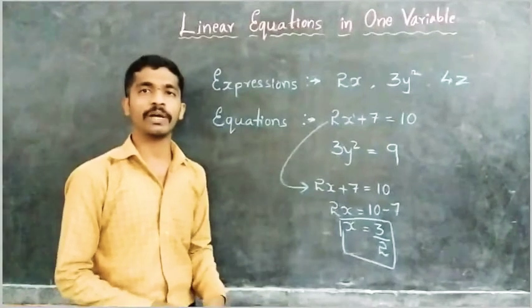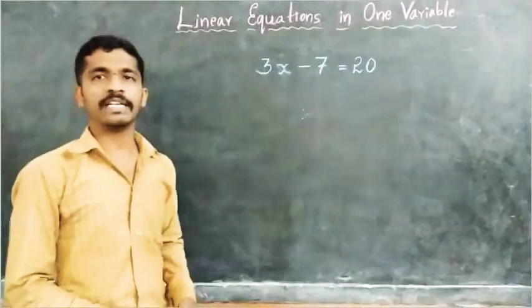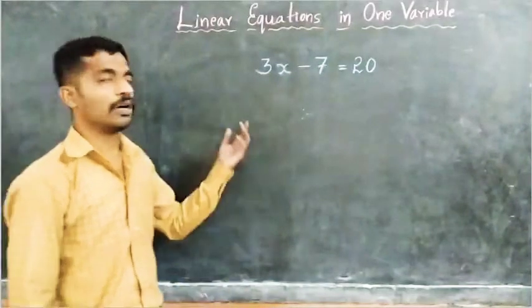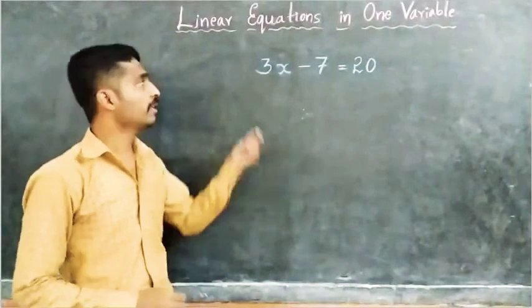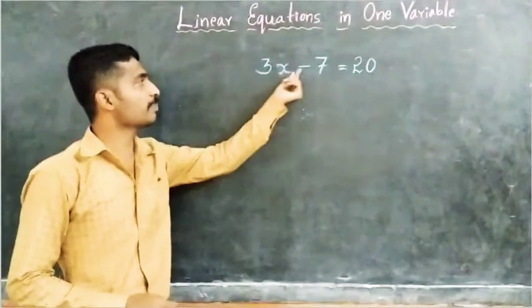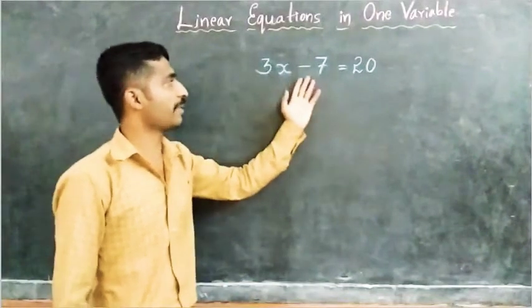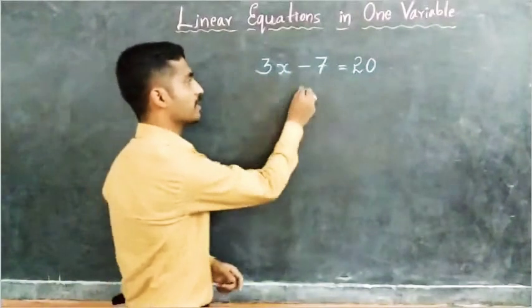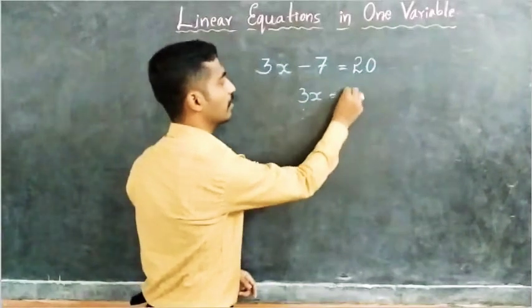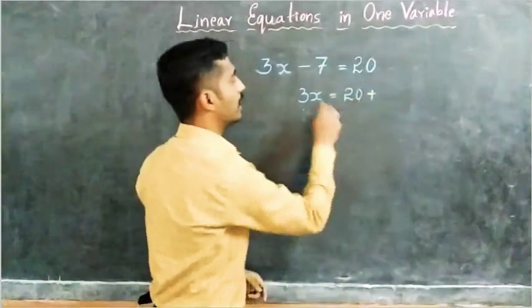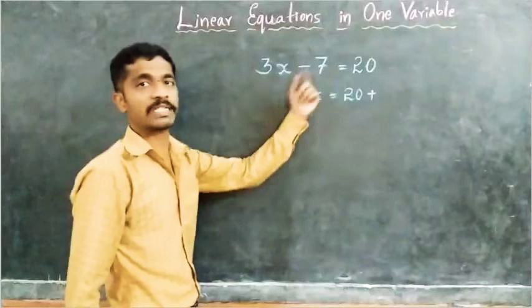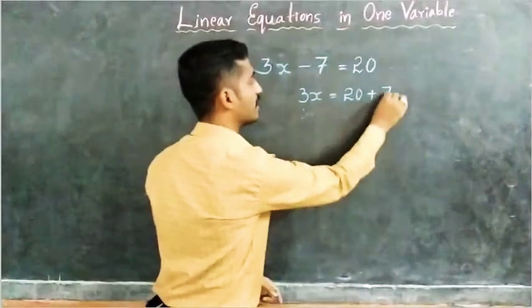So like this we have to solve. Let's take another example. How to solve this equation? Here I have 3x minus 7 equal to 20. Let's take this 7 to the right side. It becomes 3x equal to 20 plus 7, because here it is minus, and minus becomes plus on the right side.